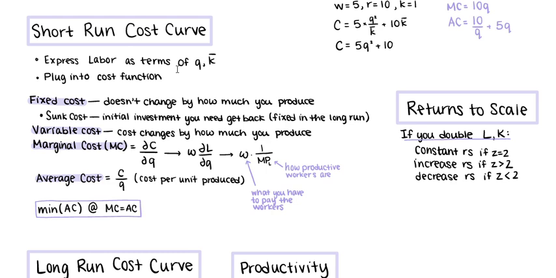Marginal cost, we just differentiate the cost function. We get marginal cost, which is dC, the cost differentiated with respect to the quantity.